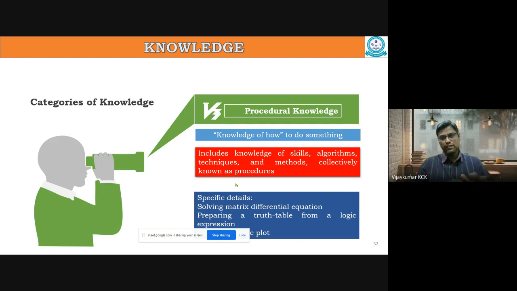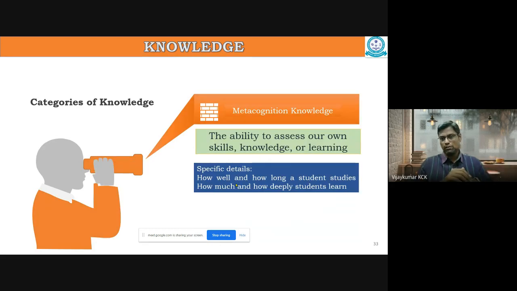All these are procedural knowledge. The last is metacognitive knowledge: all the three above together, the ability to assess the skills and knowledge of learning on one's own.